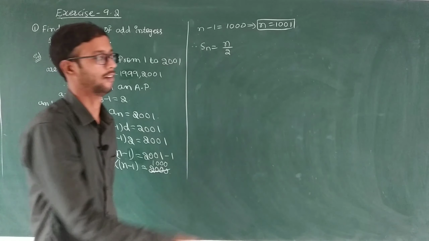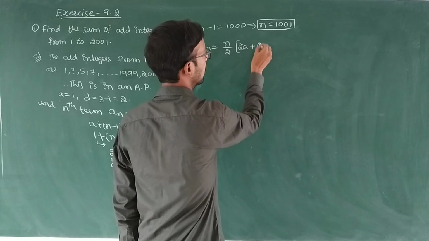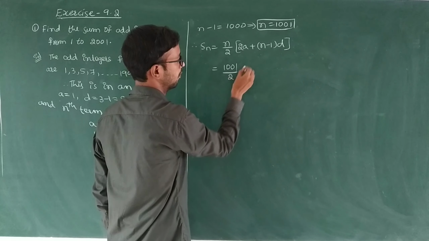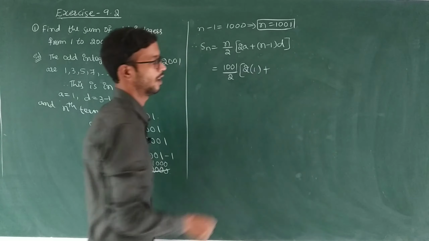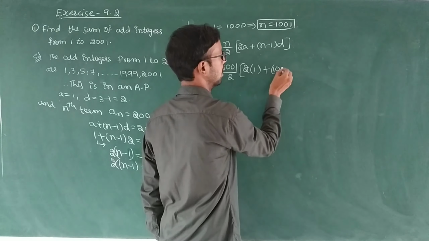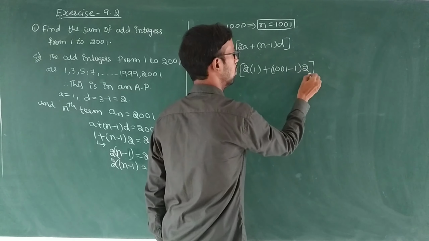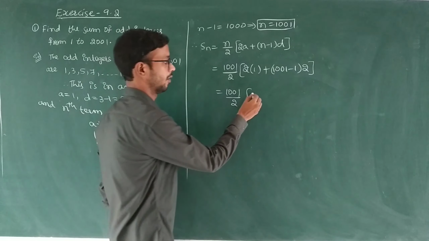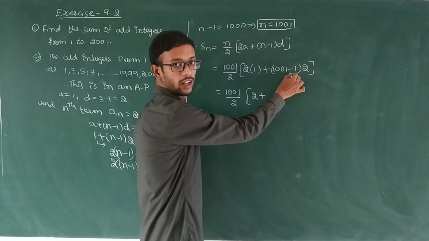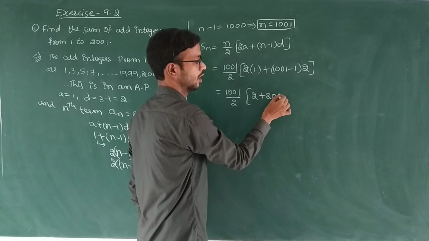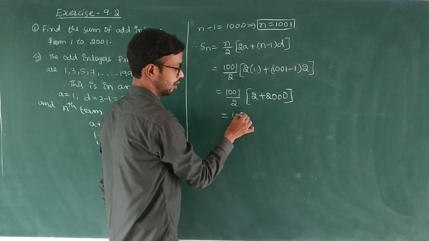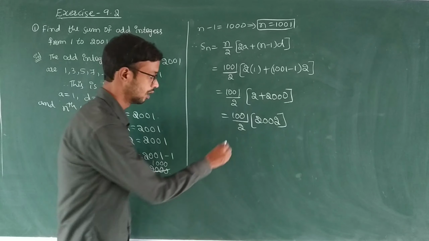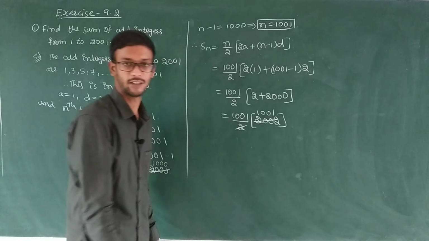The Sn formula is n by 2 into 2a plus n minus 1 into d. a is 1, n is 1001, so 1001 by 2 into 2 plus 1000 into 2, that is 2000. 1001 by 2 into 2000, cancellation.